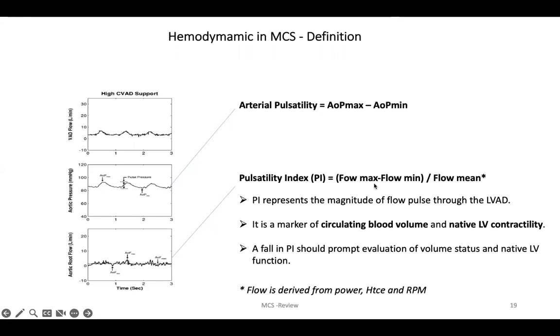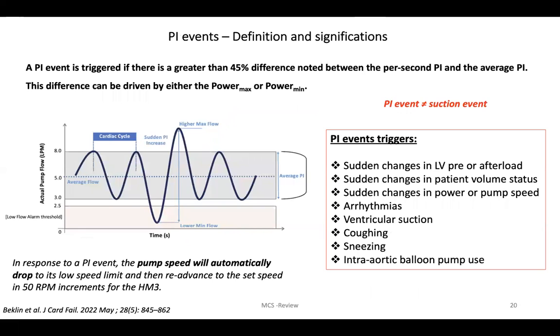It's a ratio between those two. So again, the PI represents the magnitude of the flow pulse through the LVAD, and it reflects the circulating blood volume and the native contractility. I think we had one question about that in our exam. So a fall in the PI should prompt evaluation of volume status and native LV function. We're going to talk about it a little bit later.